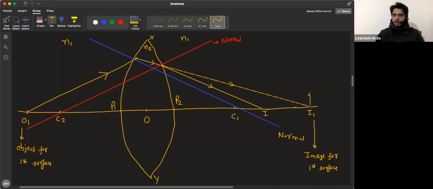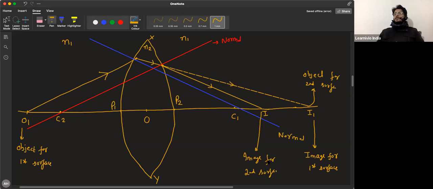And this image will act as an object. This I1 is the object for the second surface, and this is the image of the second surface. So this is the entire refraction.